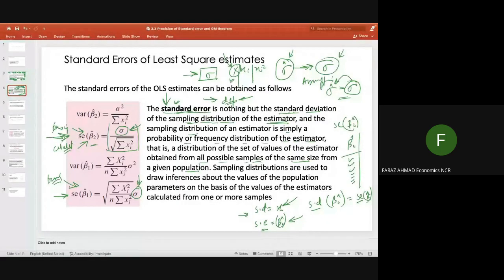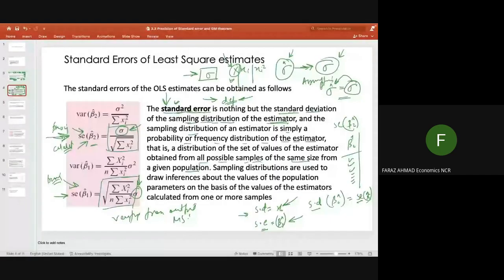So last time we used it and we calculated this quantity, and I said that you can calculate this quantity and then verify your answer from the output of MS Excel, right?